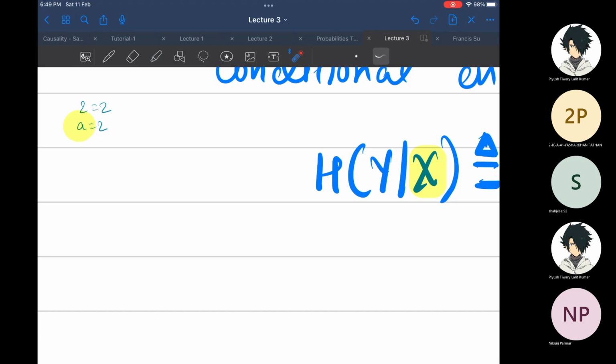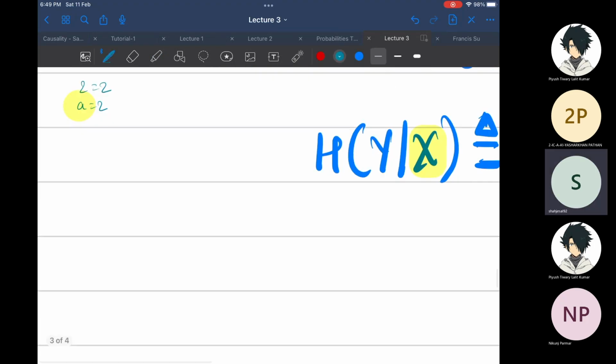This is what equality means. However, if I add a triangle over it, this means that I am defining a. So a is defined to be 2. There is a difference between these two. Don't think of it as equality. Think of it like a is some quantity, and it is defined to be 2.